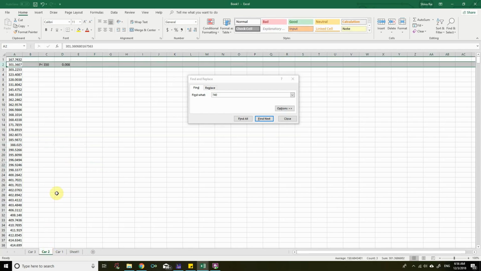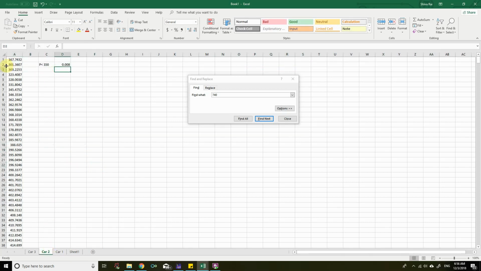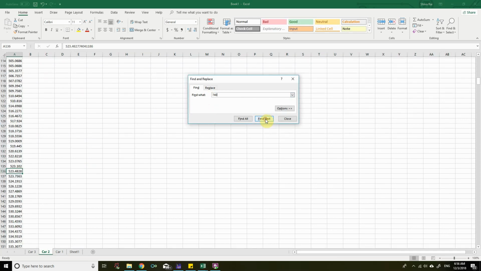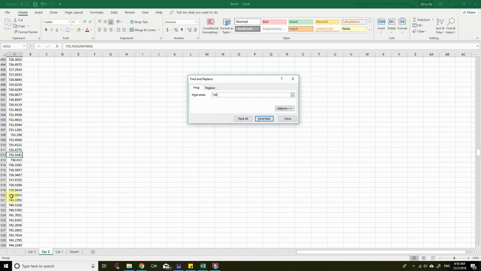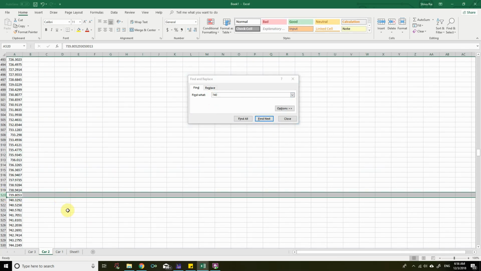For car 2 also, let's do the same thing. This is row 2. Greater than 300 means from row 2 up to 740. Control F and type 740. Okay, up to 740. This is the 520th row. Let's go for 521.